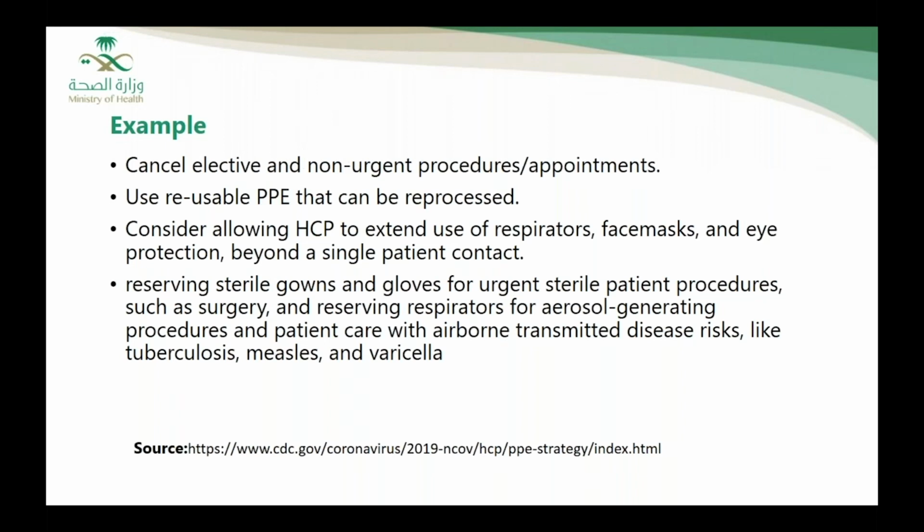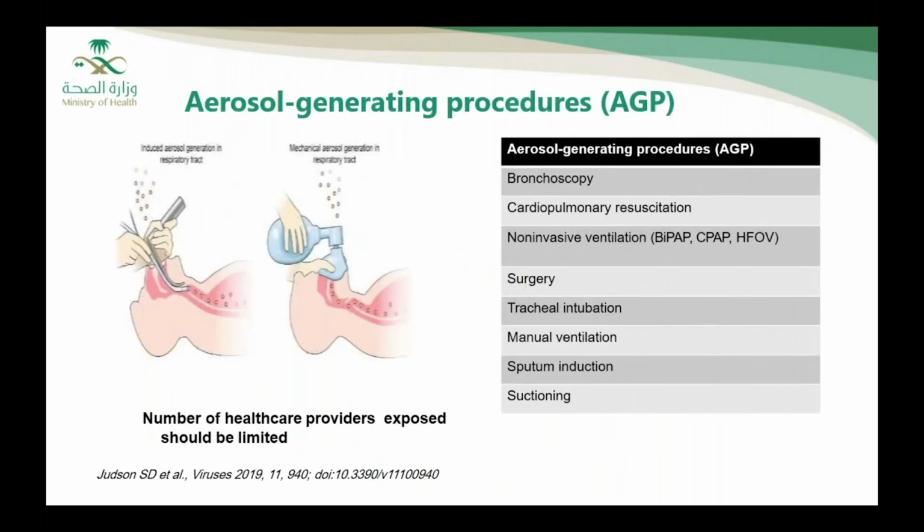Reserving sterile gowns and gloves for urgent sterile patient procedures such as surgery, and reserving respirators for aerosol generating procedures and patient care with airborne transmitted disease risk like tuberculosis, measles, and varicella. For aerosol generating procedures, the number of healthcare providers exposed should be limited.